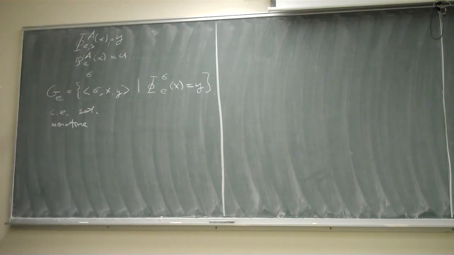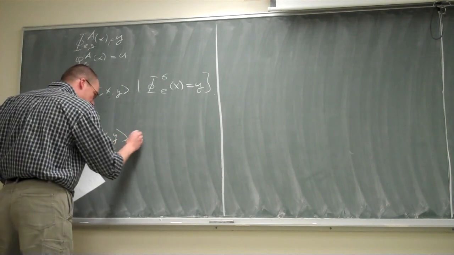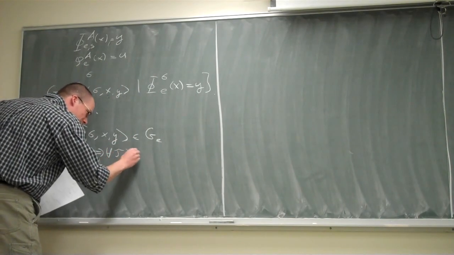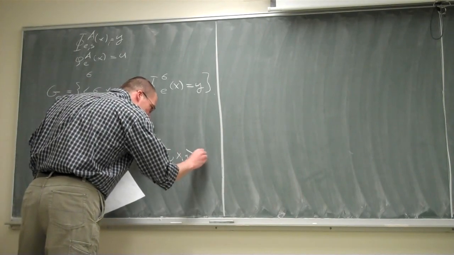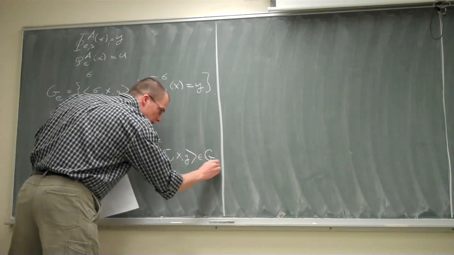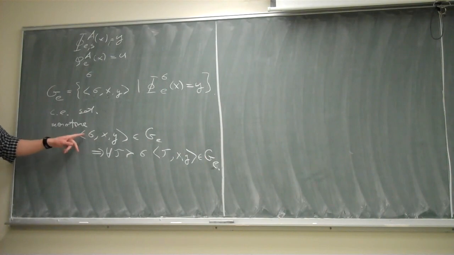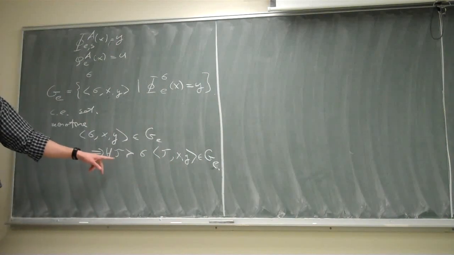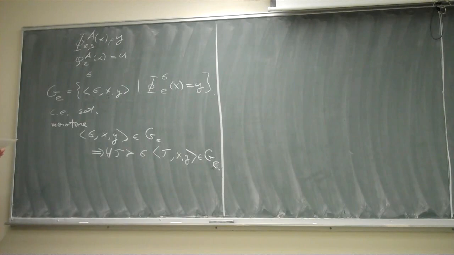If you start with a functional and you get a CE set, then if you have sigma x y in G, it is the case that for every tau that extends sigma, tau x y is also in G. If the part of the characteristic function sigma suffices to compute this output, then having more answers available doesn't change the output at all. In the computation, you're not going to investigate the possible more answers it has.